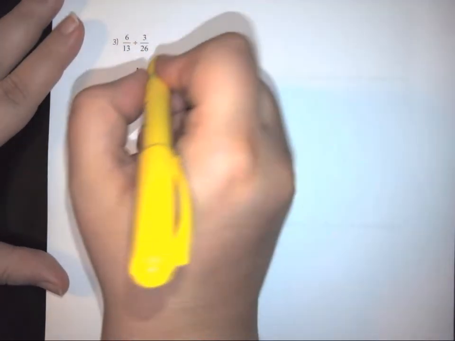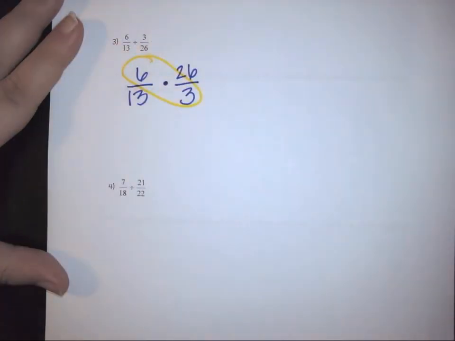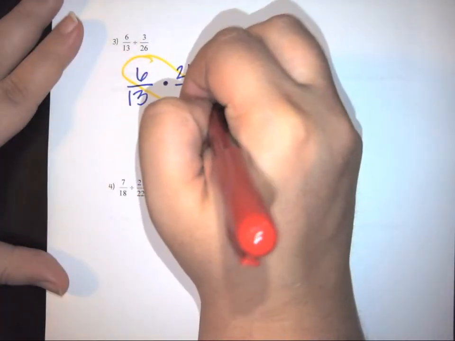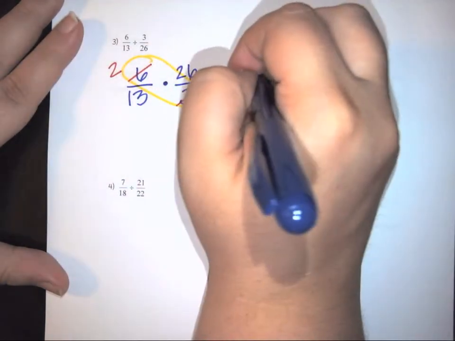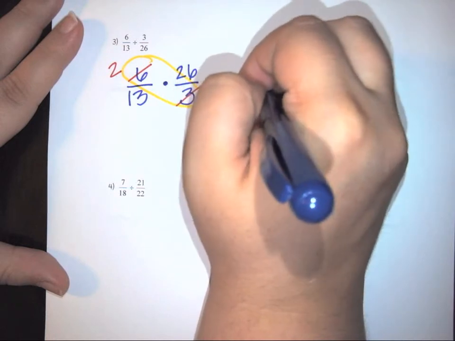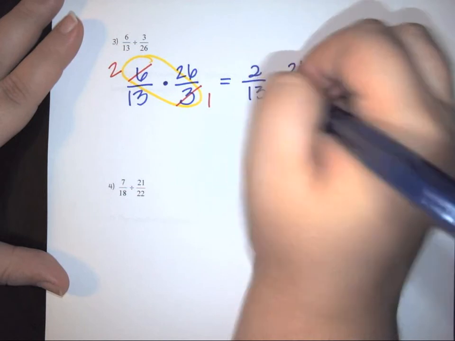Go ahead and start with what's easy. I know 6 over 3 will reduce. So 3 becomes a 1 and the 6 changes to a 2. So that is going to make this the new fraction 2 over 13 times 26 over 1.